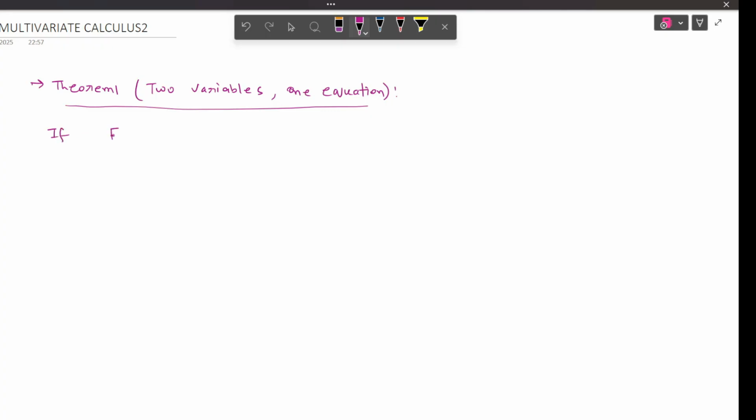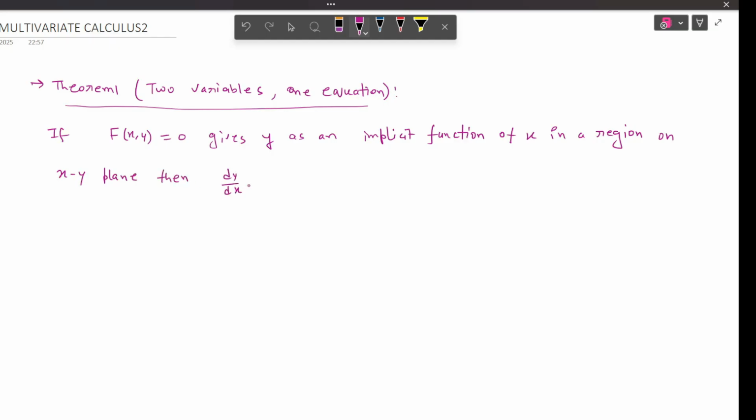If f of x comma y is 0 gives y as an implicit function of x in a region on the xy plane, then dy by dx would be minus of del f by del x divided by del f by del y, provided del f by del y is not equal to 0.